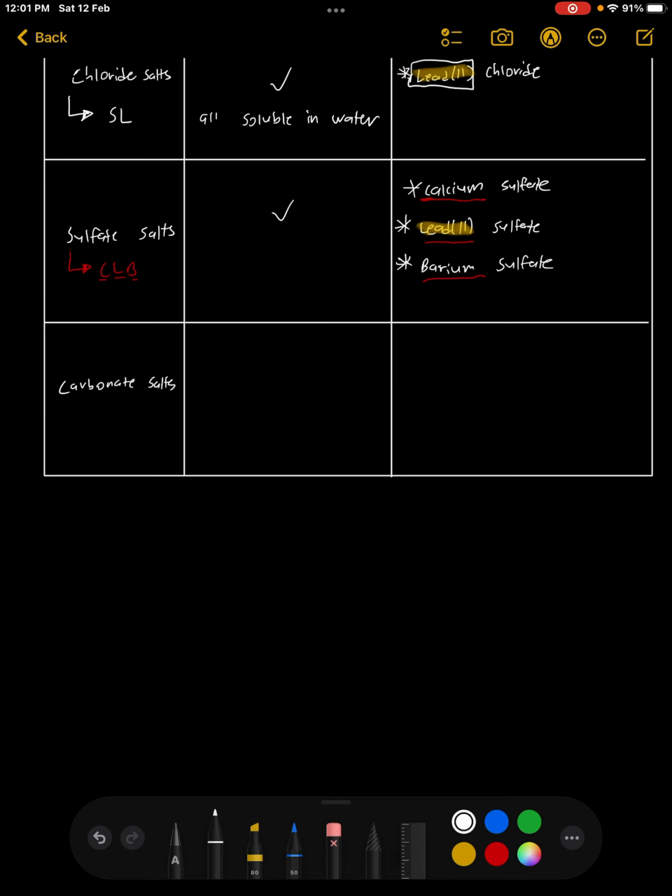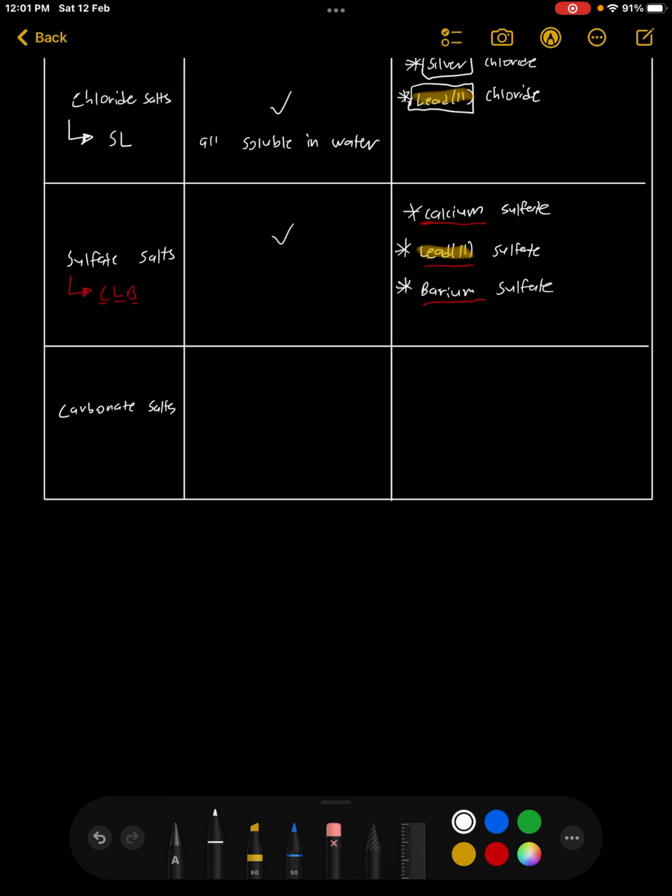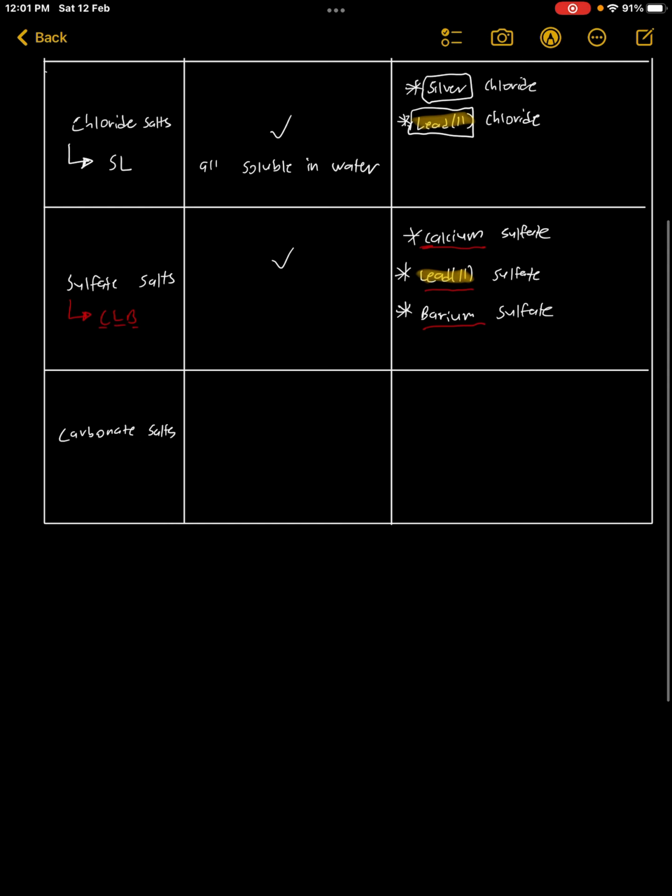Unlike the rest of the salts, all of them are insoluble in water. Okay, please take note, all insoluble in water. But there's also an exception. There are 3 exceptions.